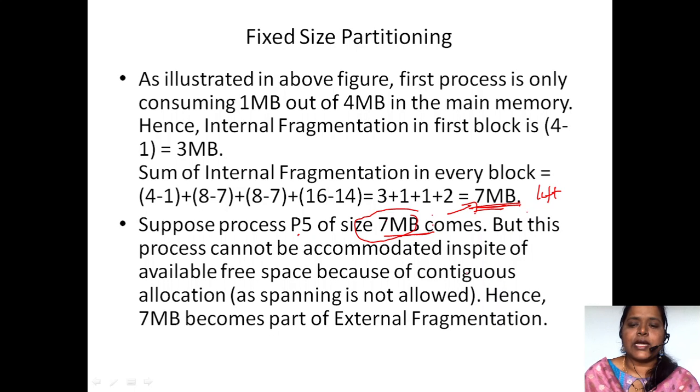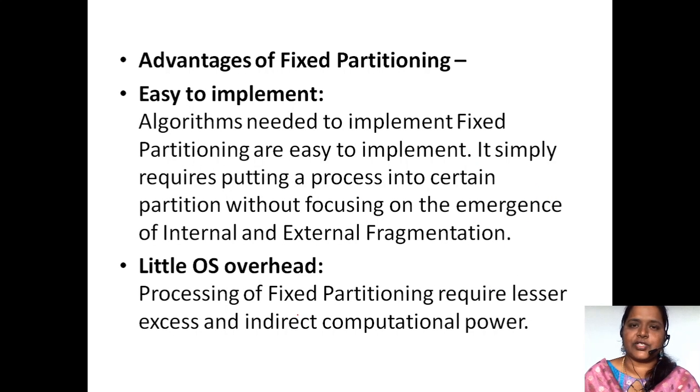Why? Because it is not contiguous, because of contiguous memory allocation. So hence 7 MB becomes the external fragmentation. Even though the memory is there, we are unable to allocate the process onto the leftover memory. That we call an external fragmentation.